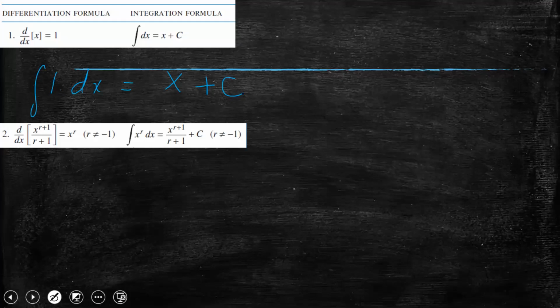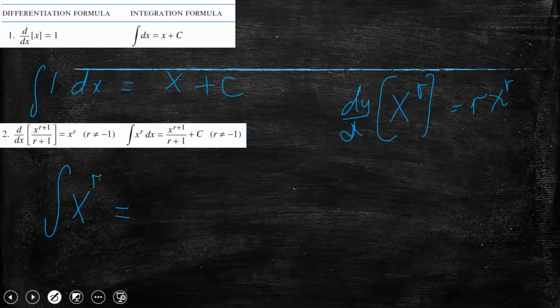Now, also, if I'm asking you about the derivative of x to the power r, in differentiation we said if you have x to the power r and you want to find its derivative, it is r x to the power r plus 1, or minus 1, sorry.